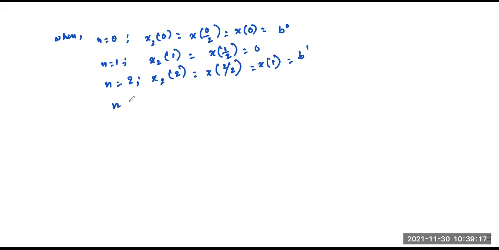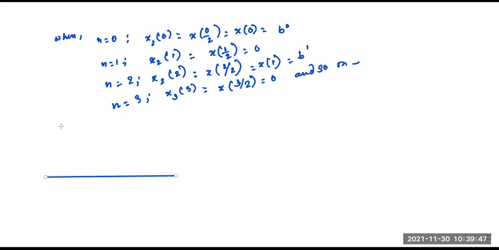When n equals 3, x2[3] equals x[3 by 2], that is equals 0, and so on. So if I draw the signal, let us draw the signal.